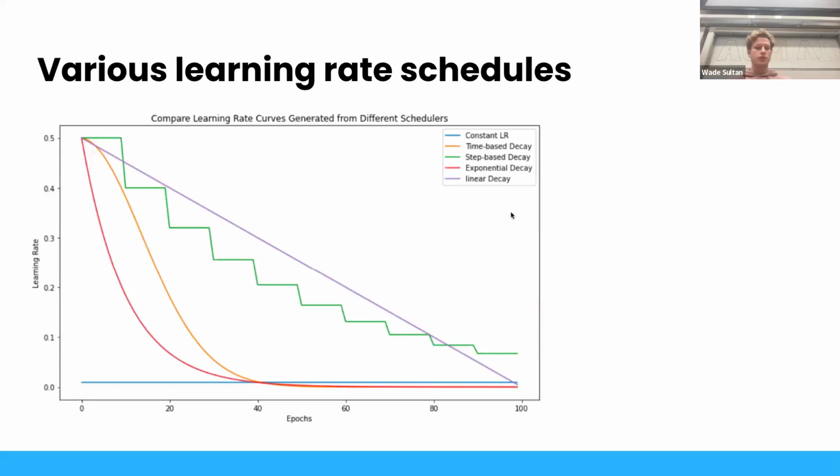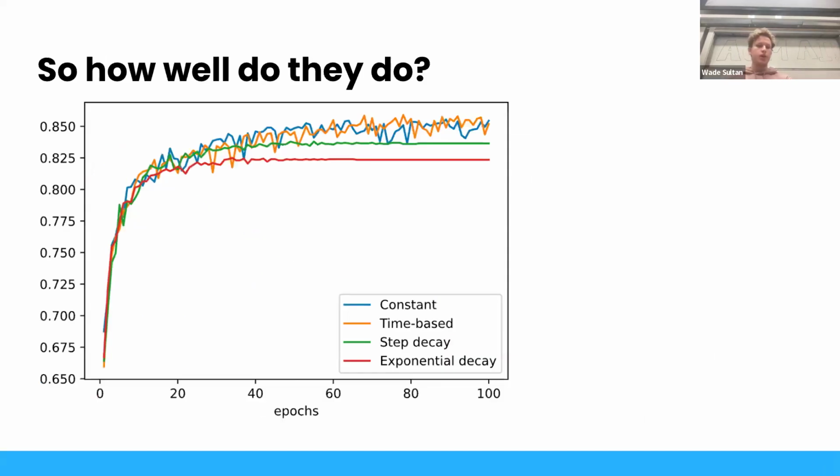So here are just some examples of learning rate schedules. We have constant, time-based, exponential, linear, and step-based. Step-based, we just do it at certain steps, and the other ones are kind of implied by the name. And then here's a graph of how they actually do.